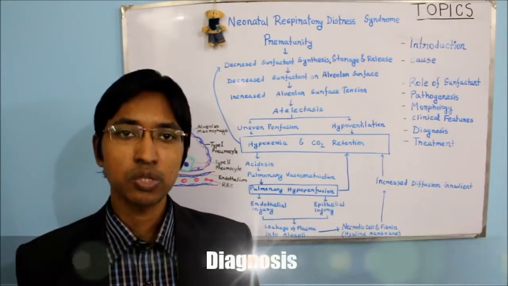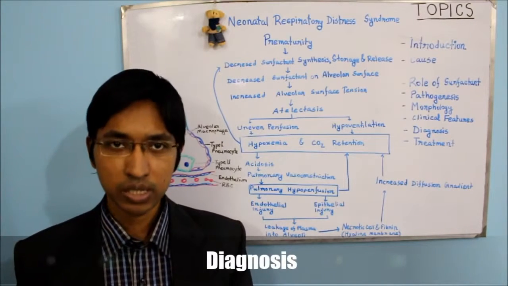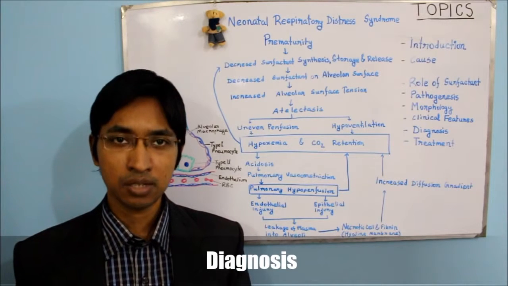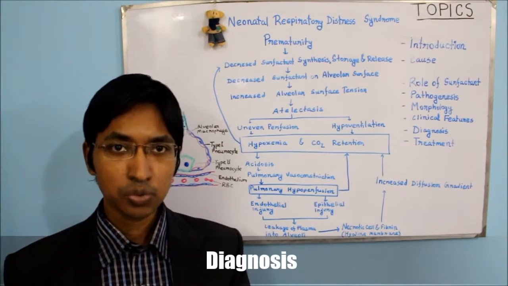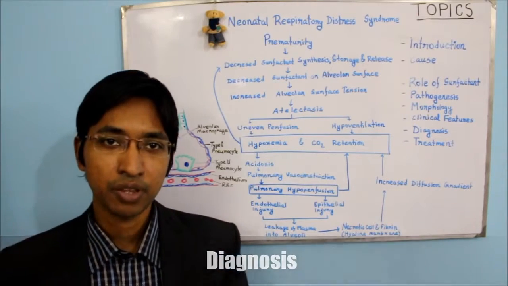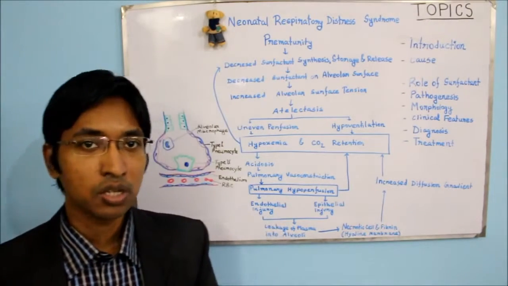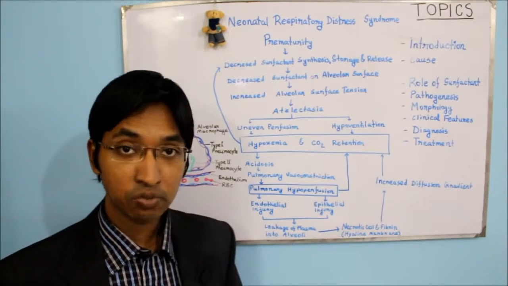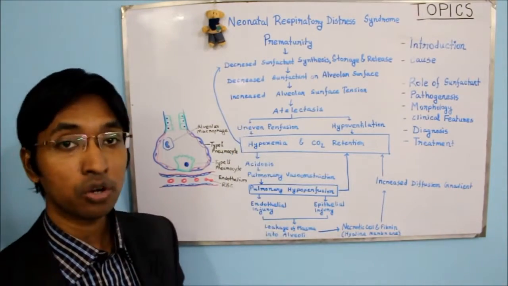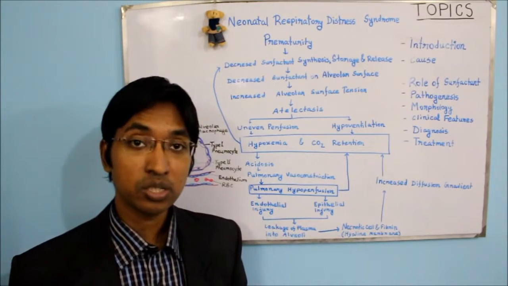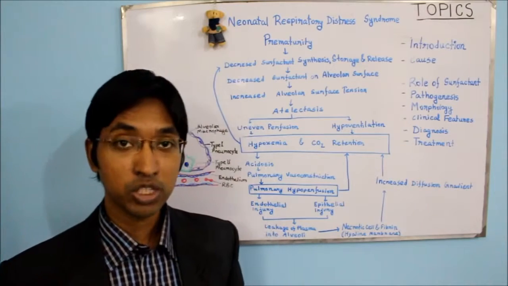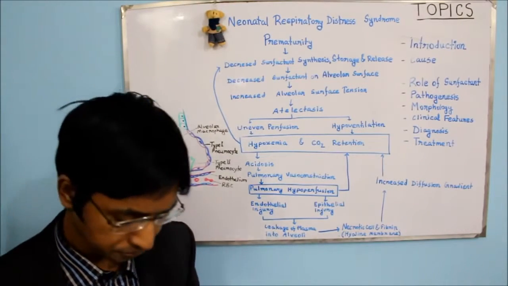So diagnosis will be done on the basis of clinical feature, chest radiograph, arterial blood gas analysis, and also by measuring the lecithin-sphingomyelin ratio. We have already talked about the clinical features, and whenever we see such presentation in a premature or preterm baby, it will give us hints that it may be neonatal respiratory distress syndrome.